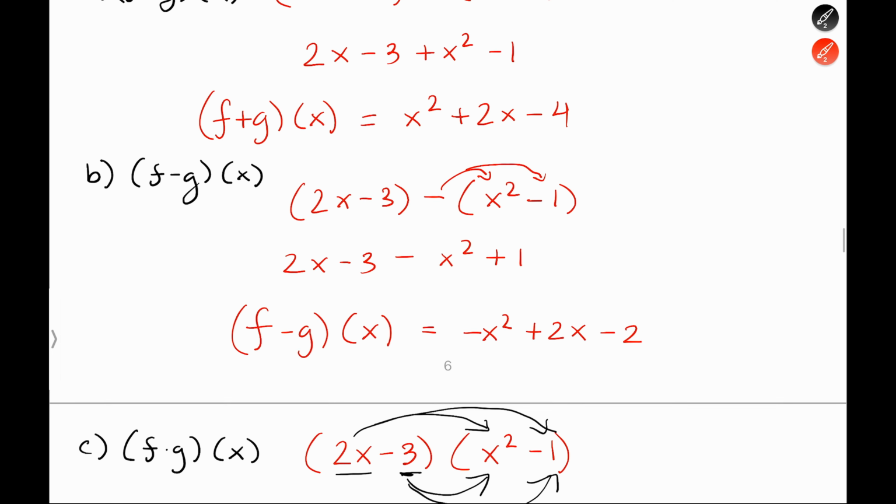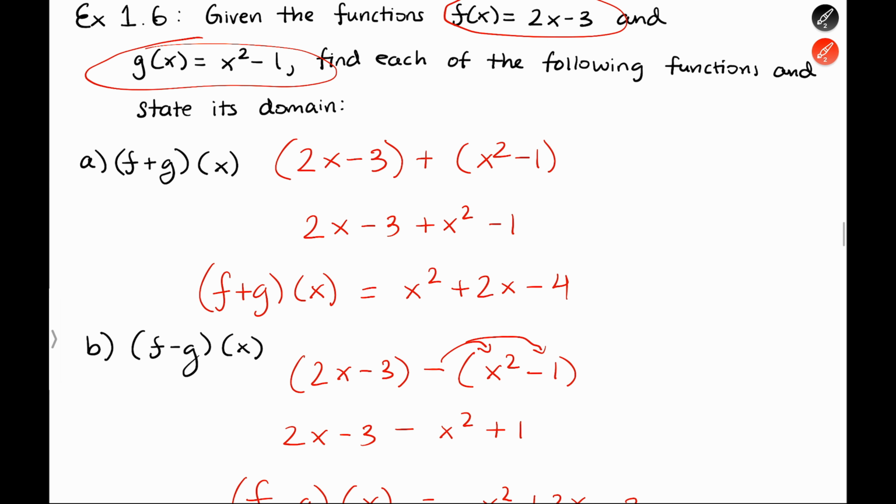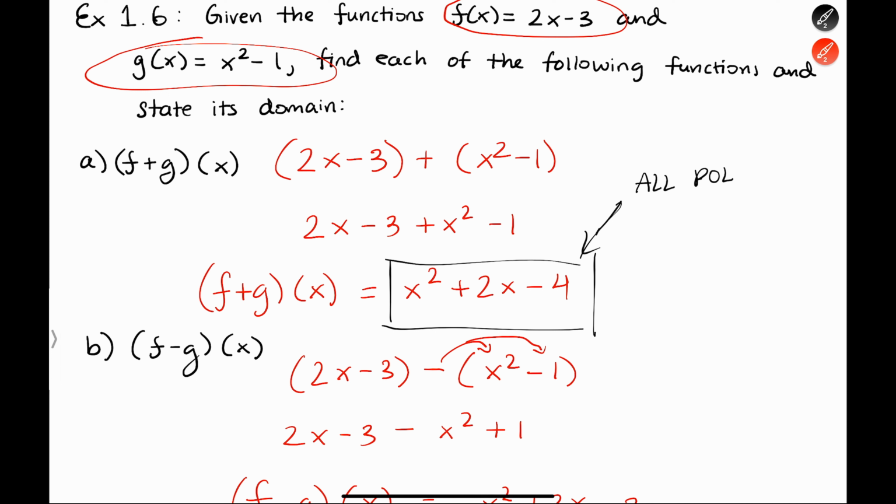And so now let's find the domain for all of these as well. So an important thing to know is that all polynomials have a domain of negative infinity to positive infinity.